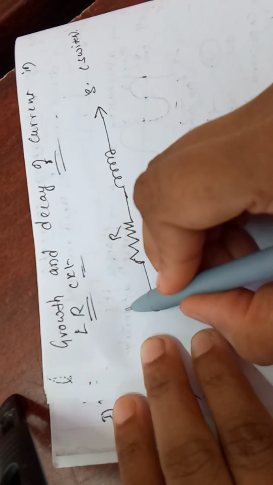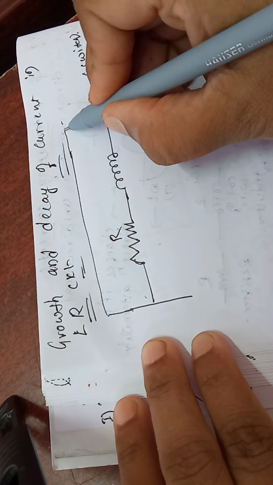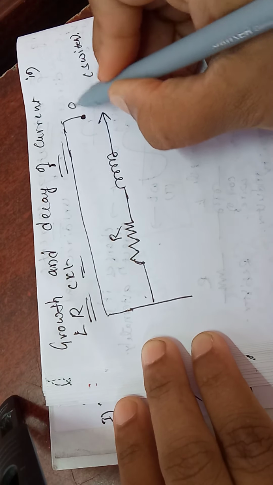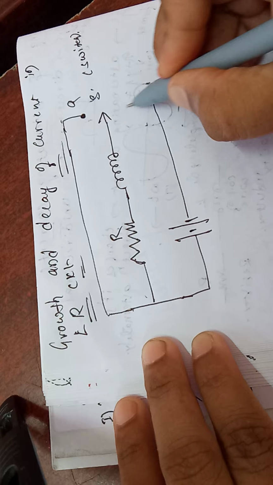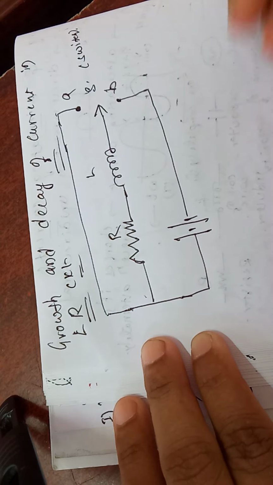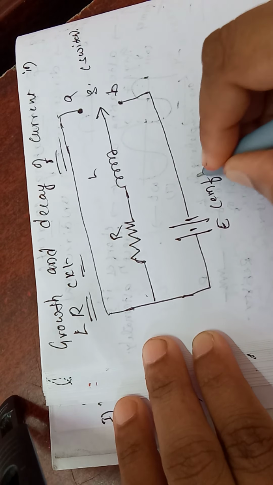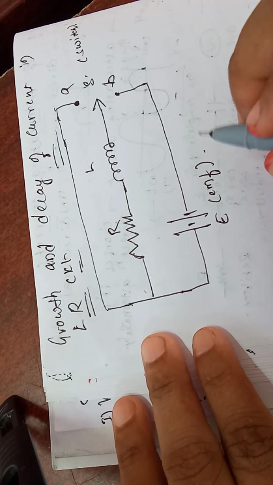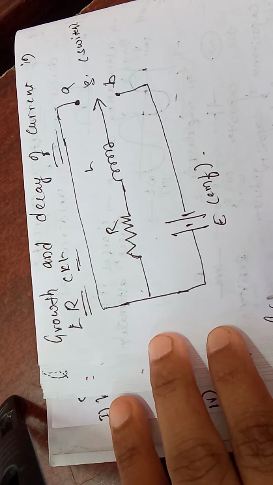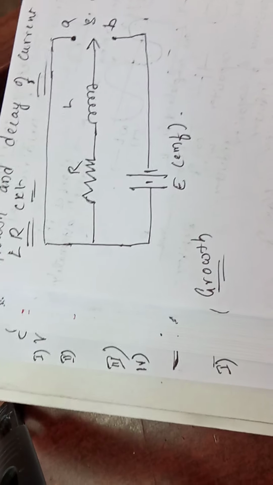Two points are there, let it be A, and a battery, let it be B. Let the EMF of the external battery be E. First let us talk about the growth of current.